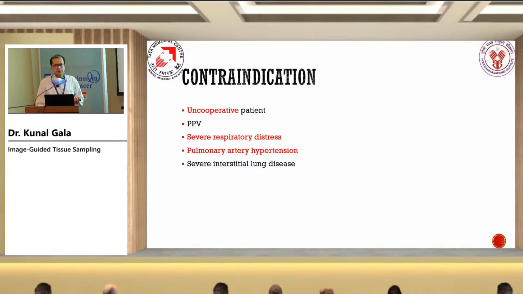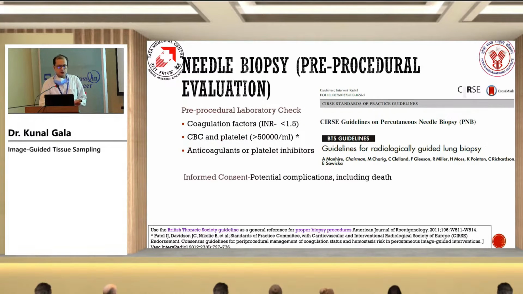When there is severe respiratory distress, obviously he can't hold the breath, he can't follow the instructions. Pulmonary hypertension is another thing where bleeding can happen profusely, and interstitial lung disease. However, most of them are relative contraindications.